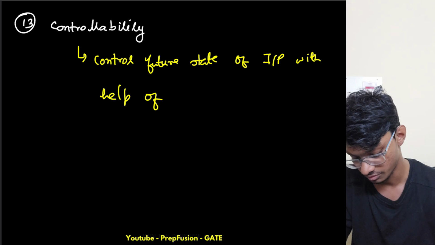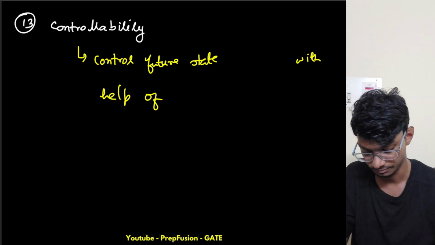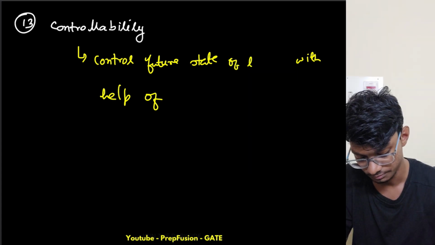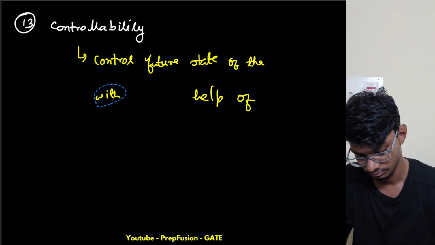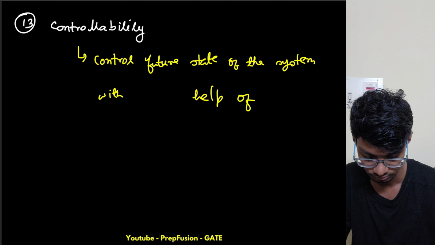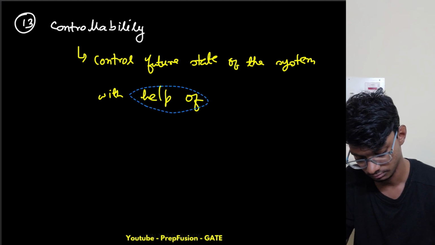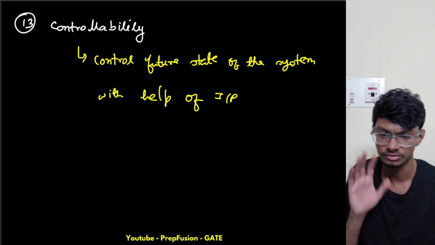So not the future state of input, but the future state of the system. That is what controllability means.